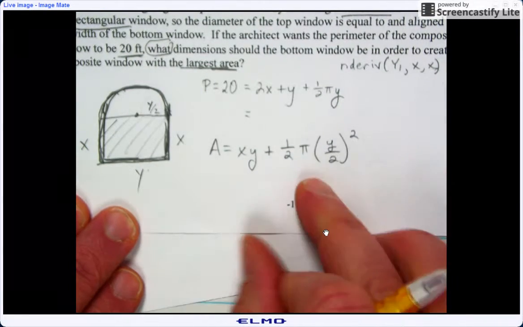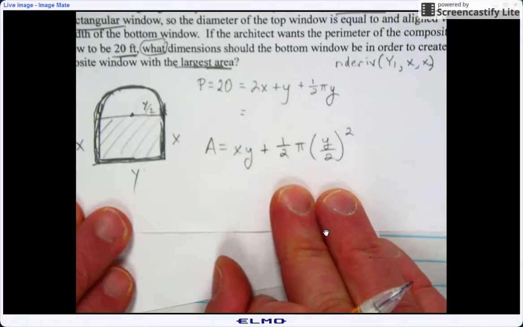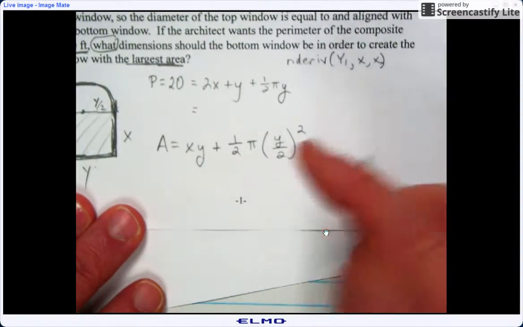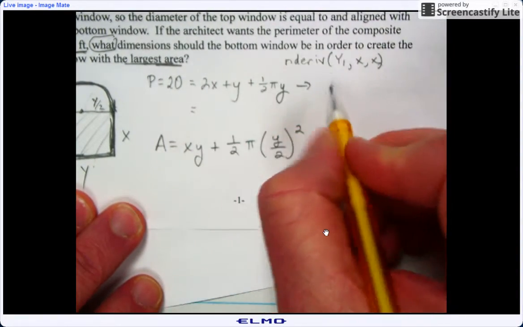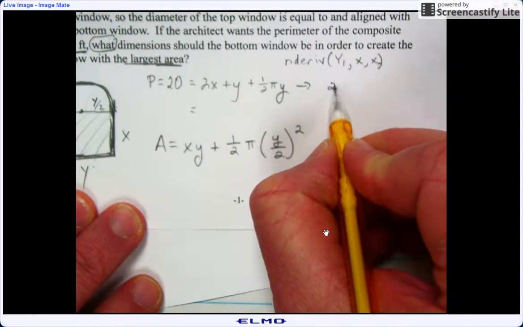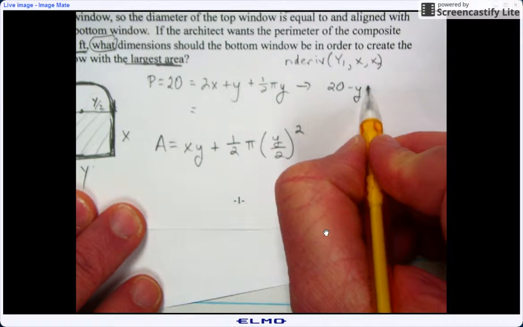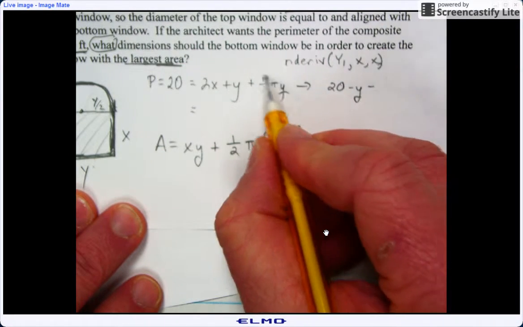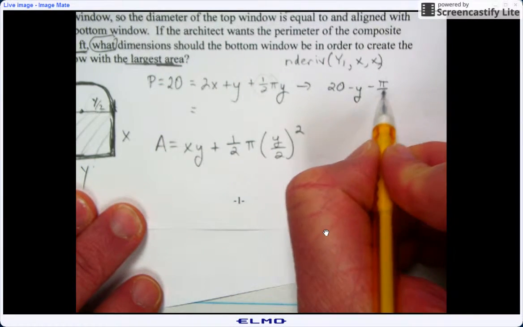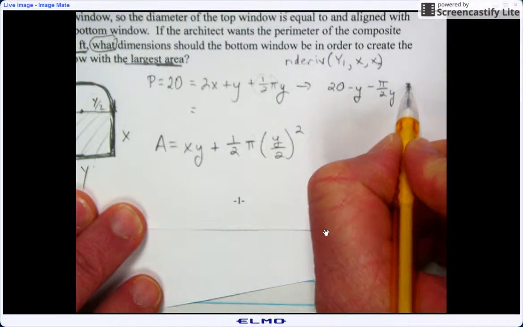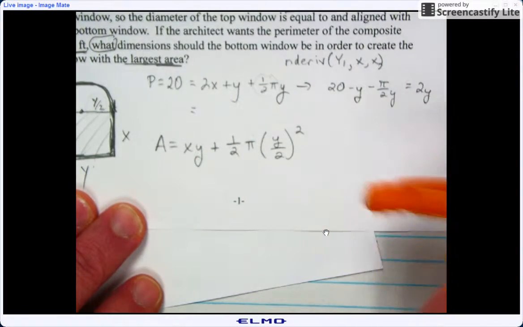Okay, so we don't want to take the derivative yet for the area. We want to solve for x. So let's go over here and solve for x. 20 minus y, you move the y over, minus pi over 2 y, equals 2x.